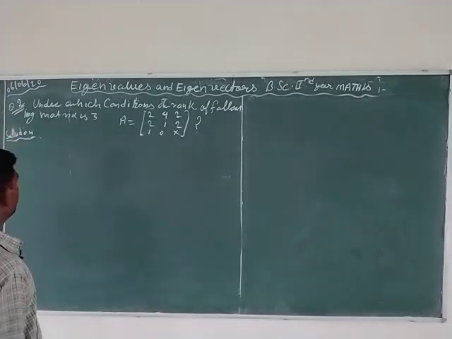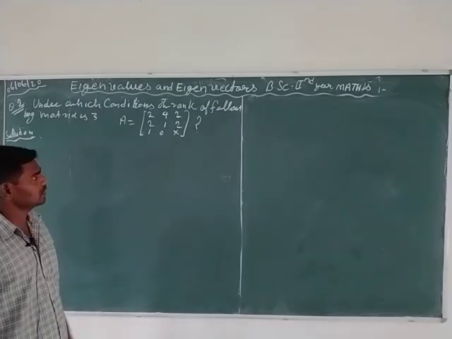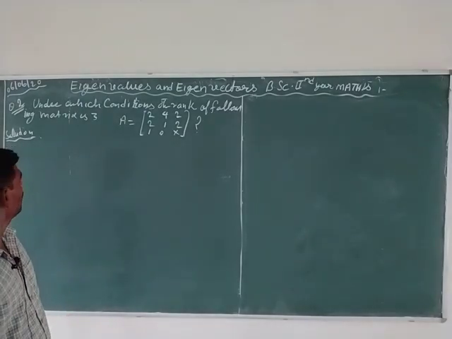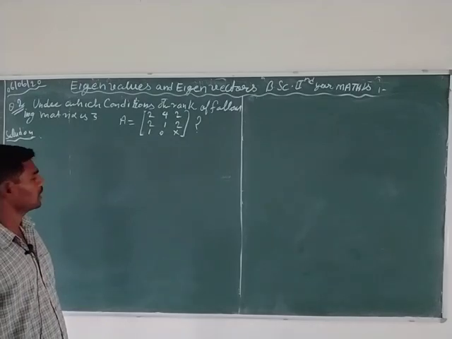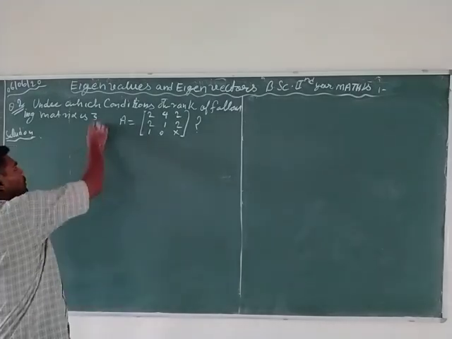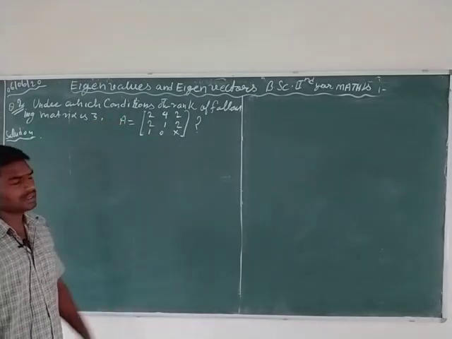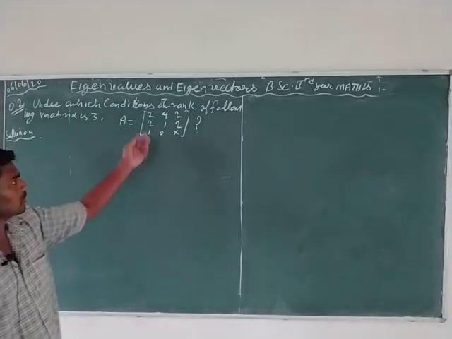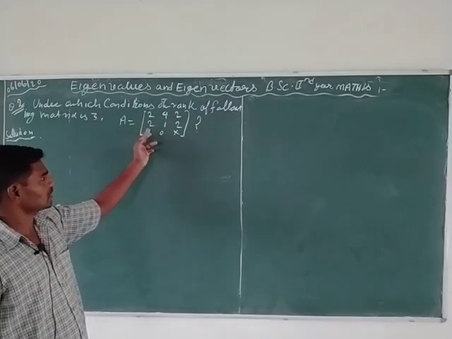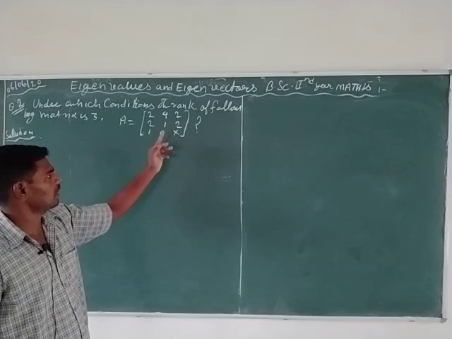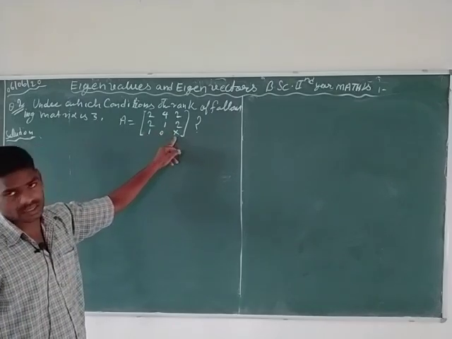In the second question: under which conditions is the rank of the following matrix 3, where matrix A has first row 2 4 2, second row 2 1 2, and third row 1 0 x.